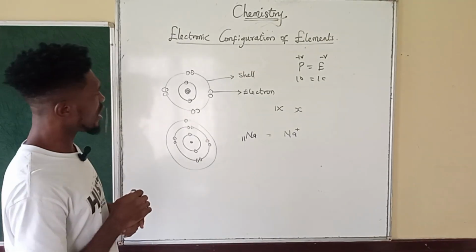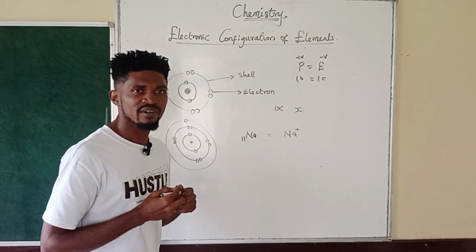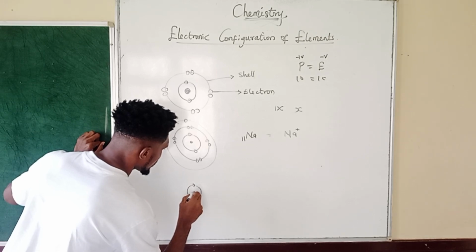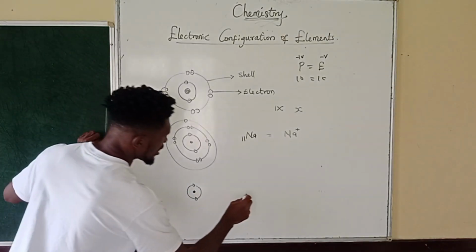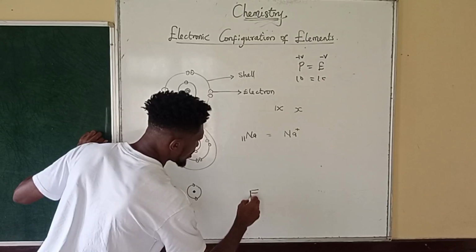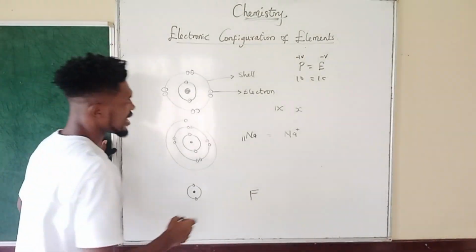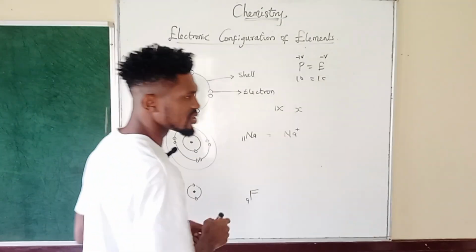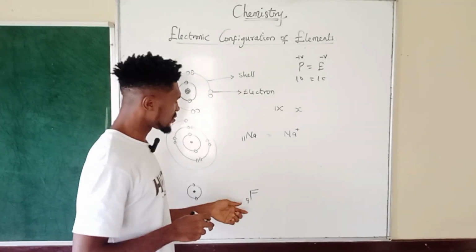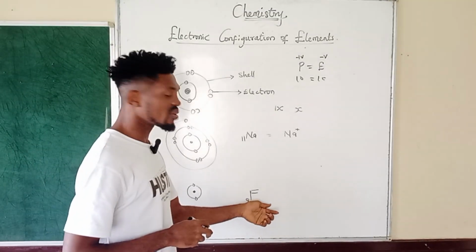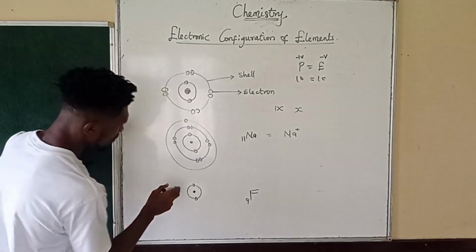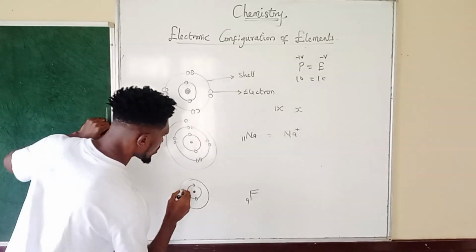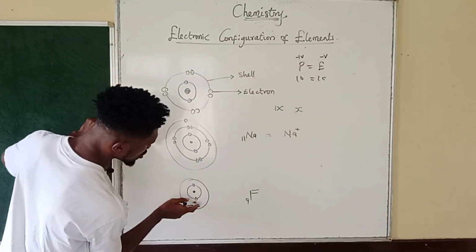I will draw another one, the electronic configuration of fluorine. This is the first shell carrying 2, and remember fluorine, this is the symbol for fluorine, and the atomic number of fluorine is what? 9. If you go back to our previous video, the atomic number of fluorine is number 9 there. So we go 1, 2. Now 9 minus 2 will give us 7.